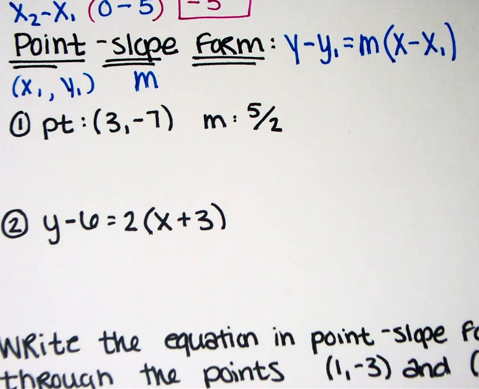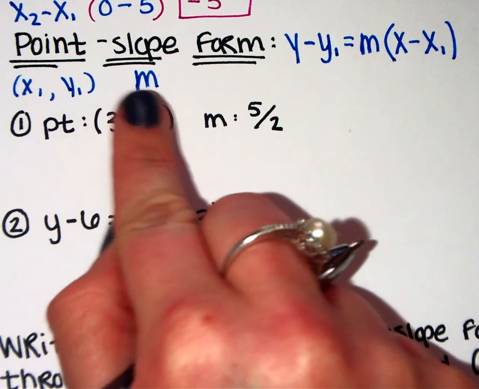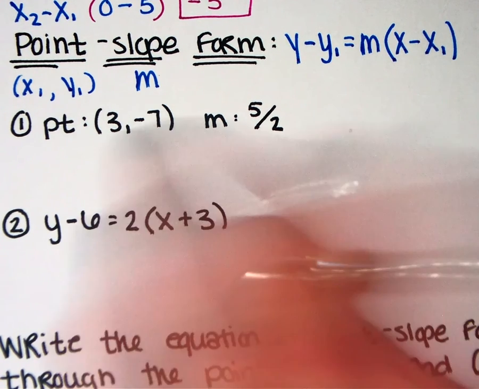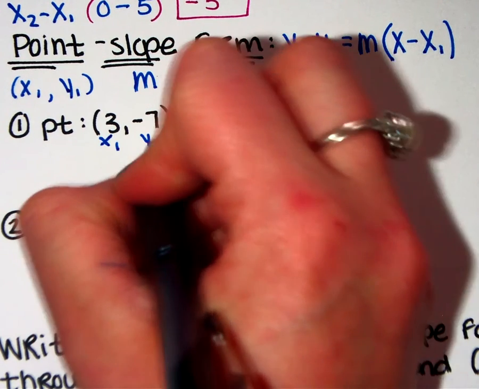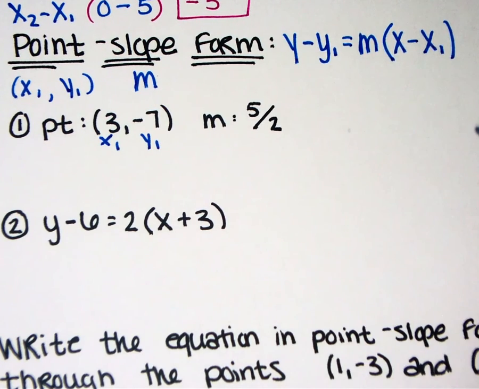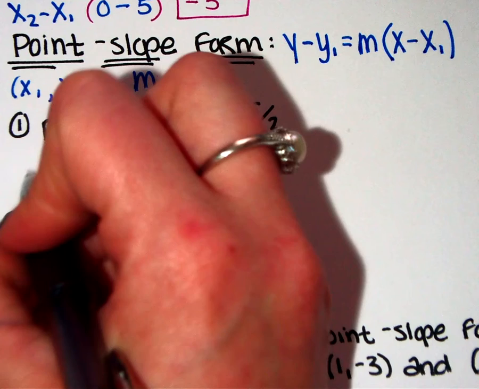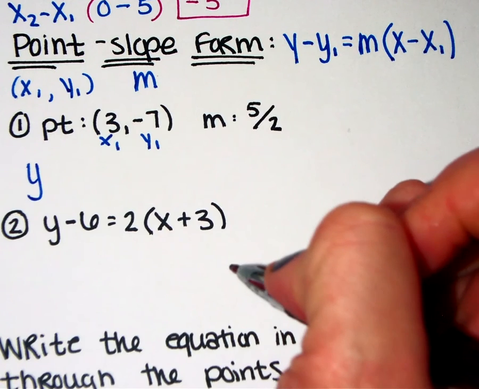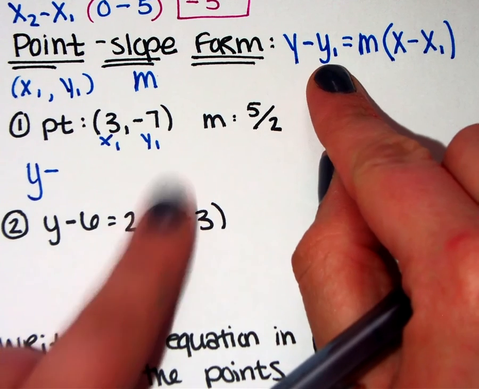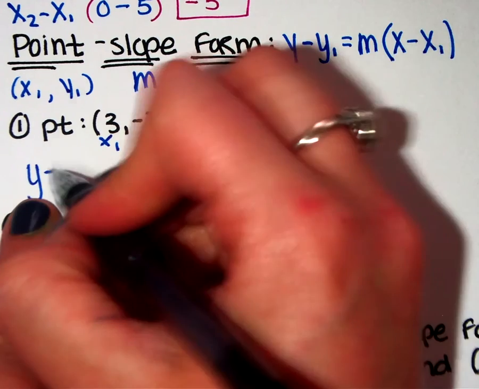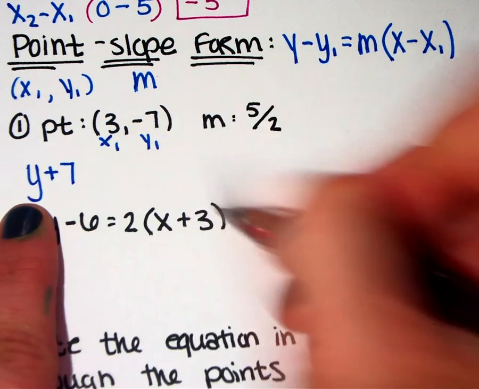Notice it's called point-slope form. I need a point, I need a slope. So let's go ahead and plug into our equation here. I'm going to label x1, y1, and we already have the slope. This y value is going to stay y. But when I plug in my -7 for y1, the negative is going to change to a positive.